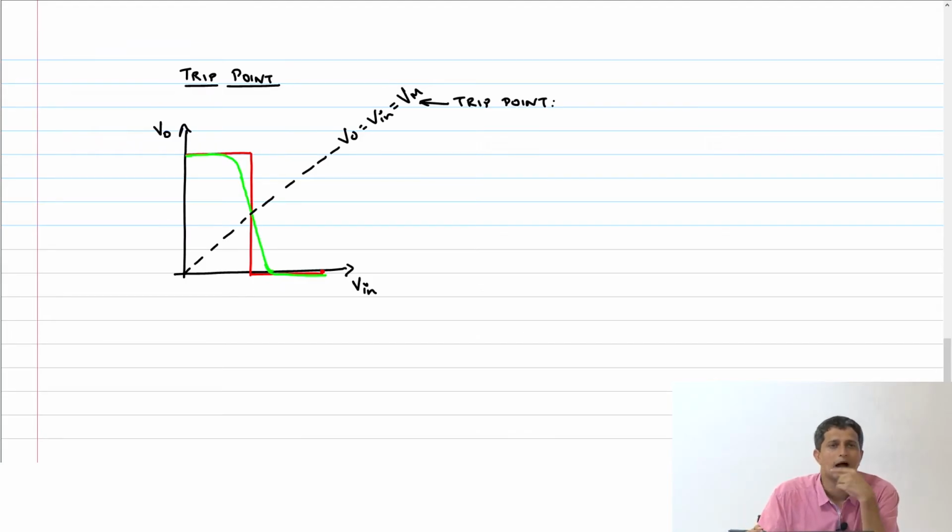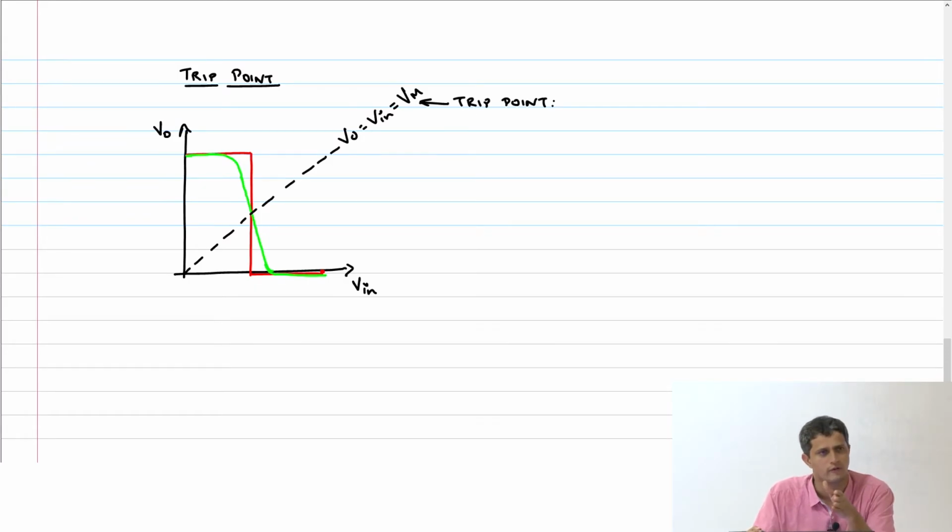So now I want to calculate the value of this trip point. First of all, approximately tell me in which region of operation will the transistor be in? Saturation or velocity saturation. It really depends on whether it's a long channel or short channel. For now, we will assume both transistors are short channel and therefore in the velocity saturated region.